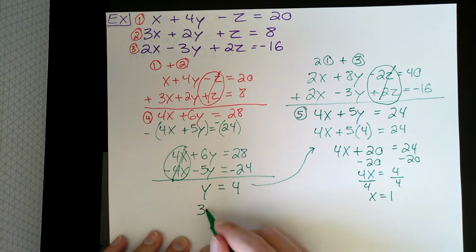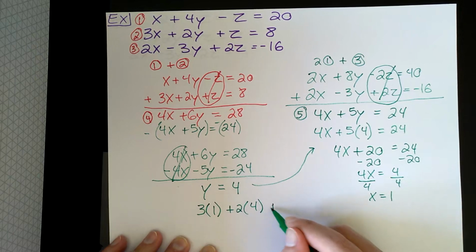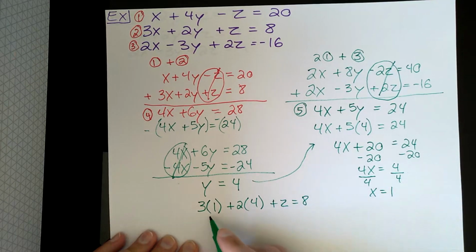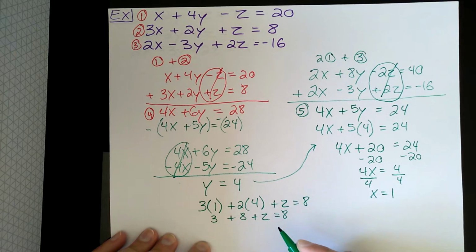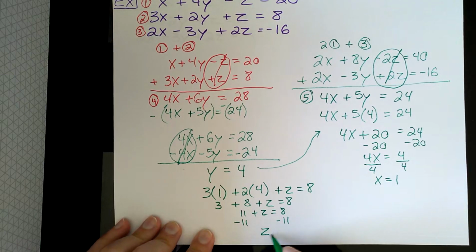So that gives us 3 times x is 1 plus 2 times y is 4 plus z equals 8. 3 times 1 is 3 plus 2 times 4 is 8 plus z equals 8. 3 plus 8 is 11, plus z equals 8. Subtracting 11 from each side, and we get z equals -3.